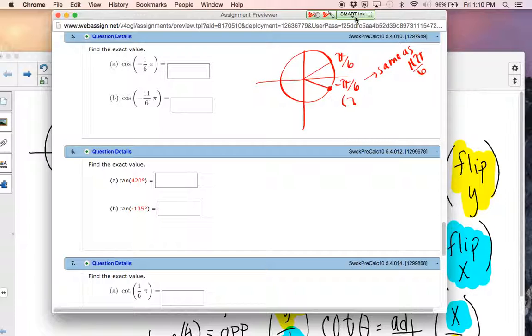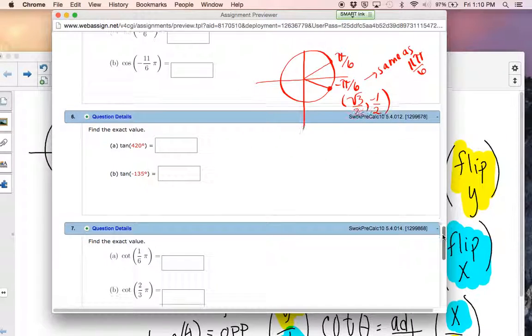So your coordinate there is square root 3 over 2, negative 1/2. Remember, cosine is the x, so you're simply filling that in. Negative 11 pi over 6 goes backwards, and it lands at a pi over 6, so it has the same coordinate. Okay, the rest of these problems are just using your unit circle.